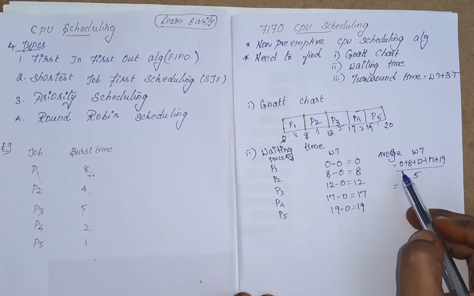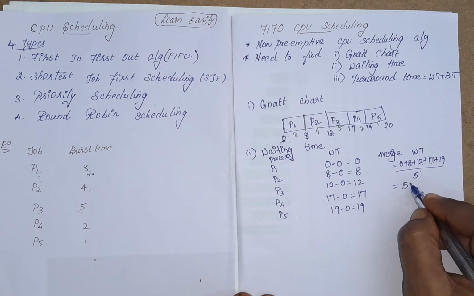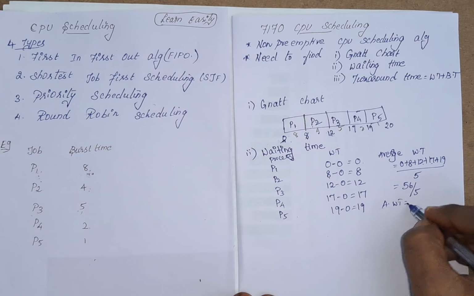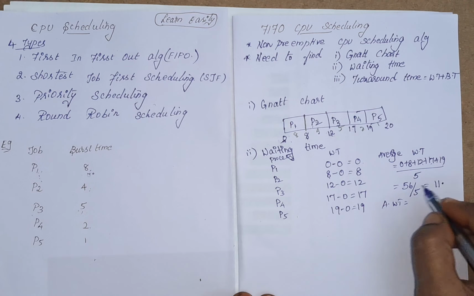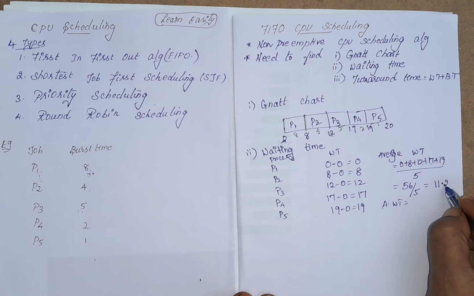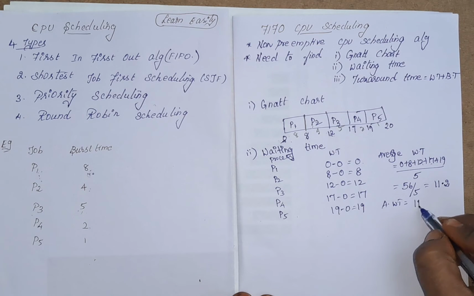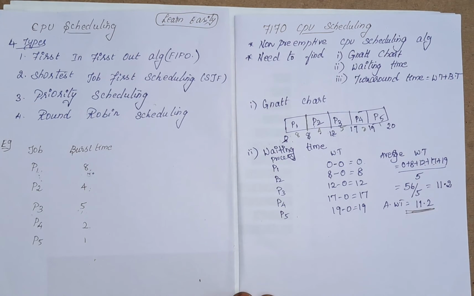The sum is 0 plus 8 plus 12 plus 17 plus 19, which is 56, divided by 5. So the average waiting time for this FIFO is 11.2 seconds.